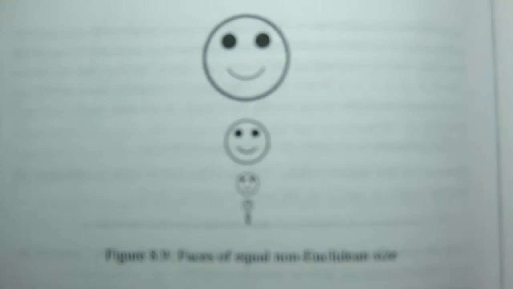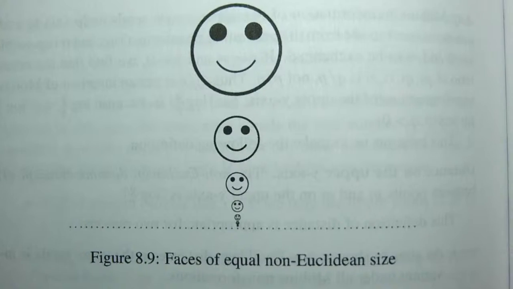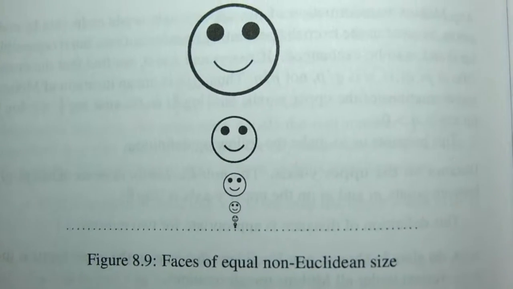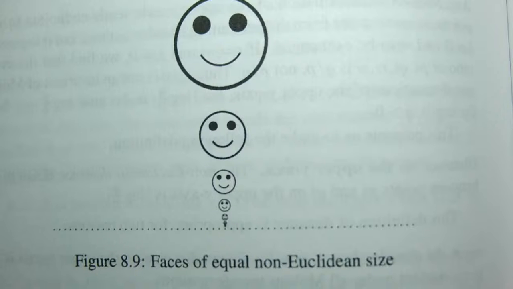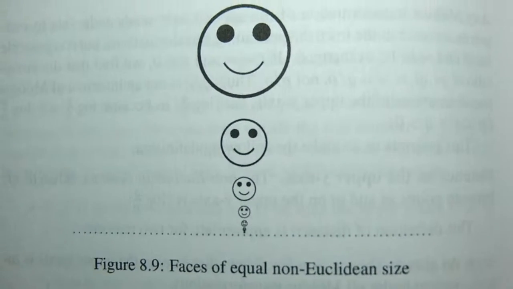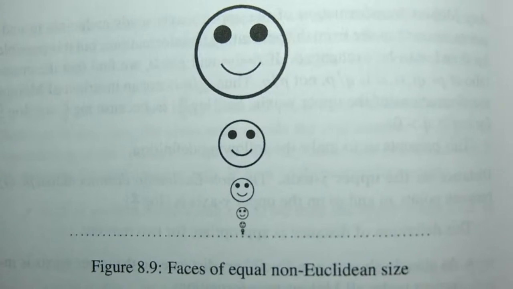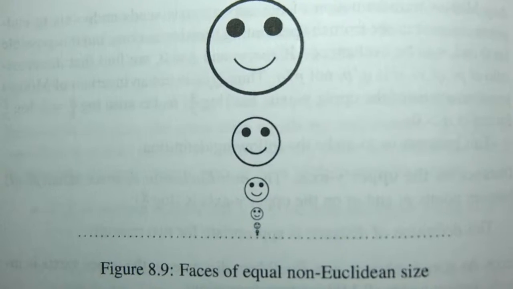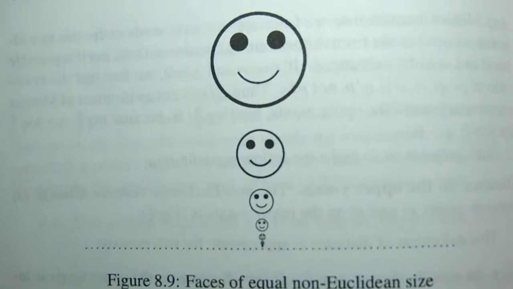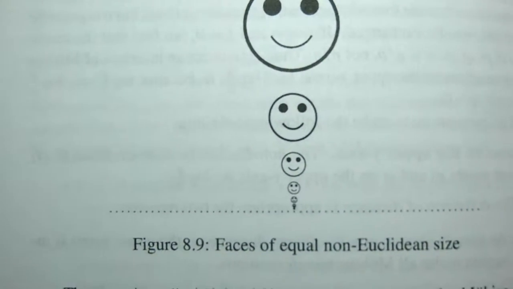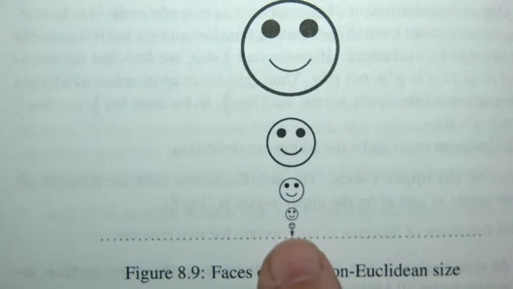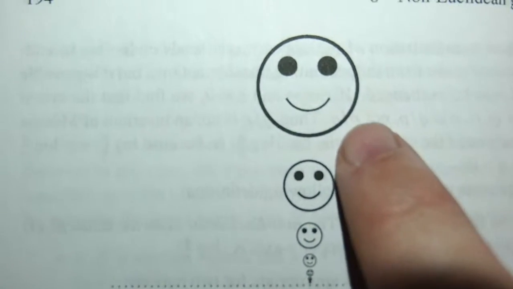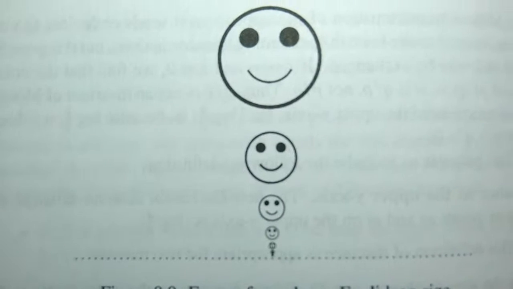Here, these are faces drawn in the upper half plane, and these are all equal size. With respect to this non-Euclidean distance, all these faces have the exact same size. You see the distortion as you approach the boundary: this tiny microscopic face down here is the same size as this face up here away from the boundary.